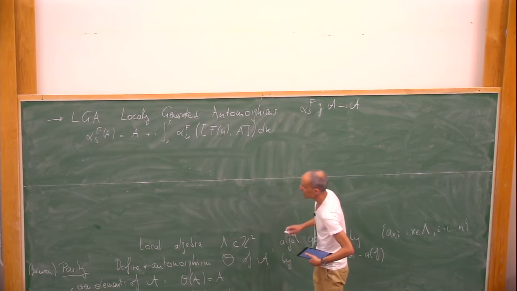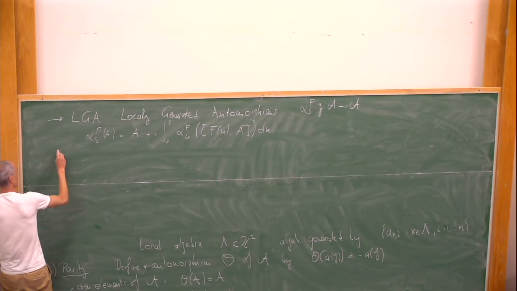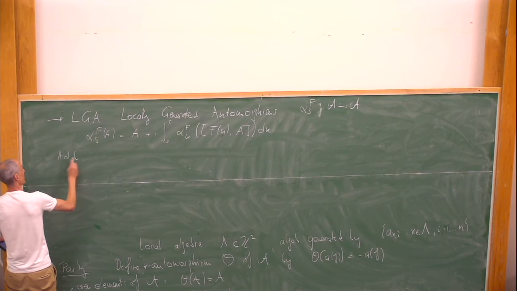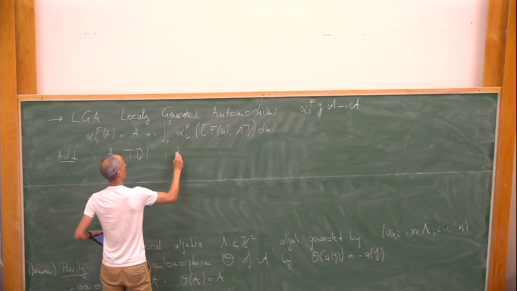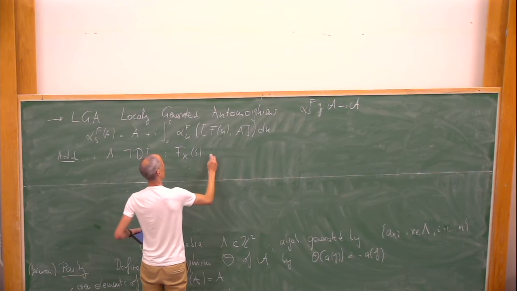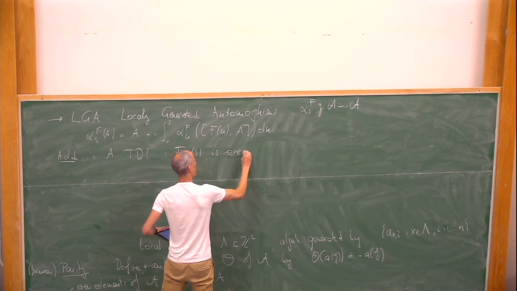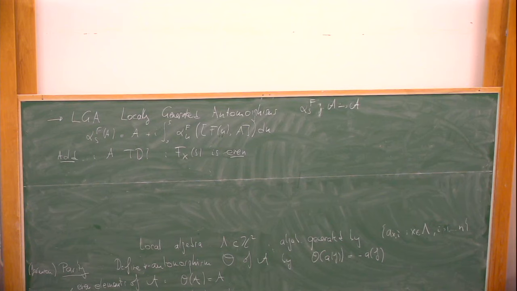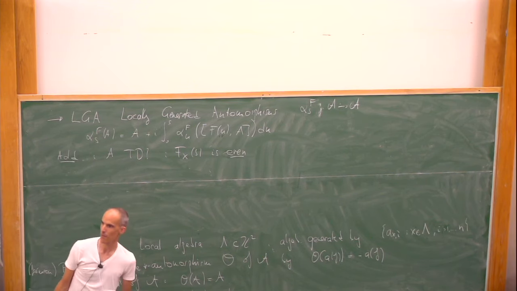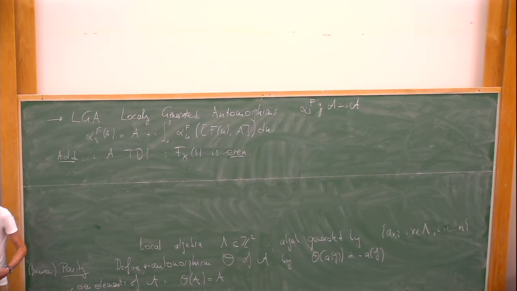Oh, I have to say something more. In my definition of a TDI, a very important point is that F_x of s are all even. So my Hamiltonians are even elements. Not all examples you can think of have that property, but the ones I want to use will have that property.